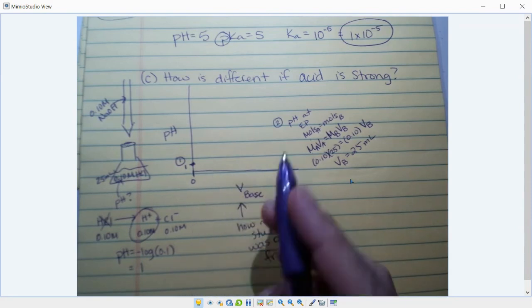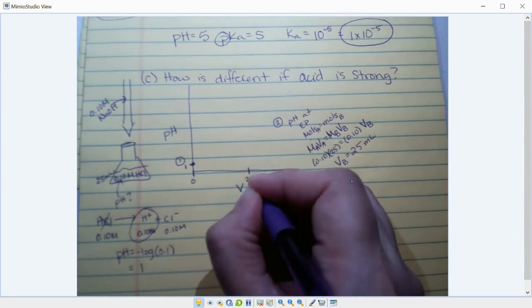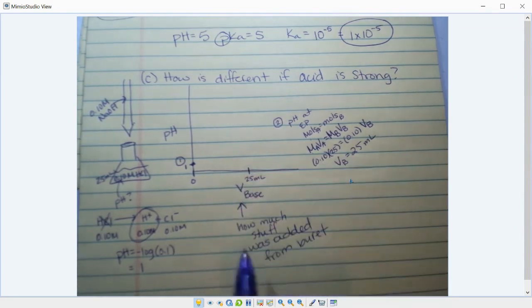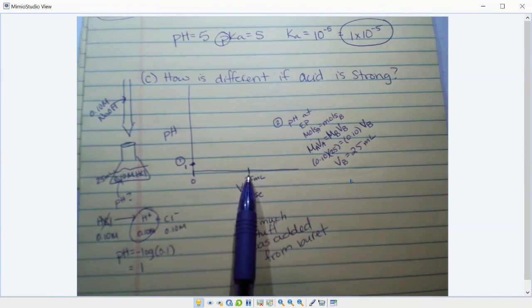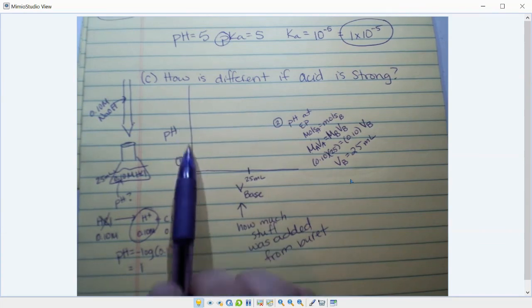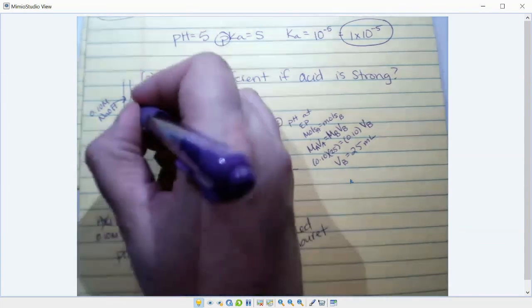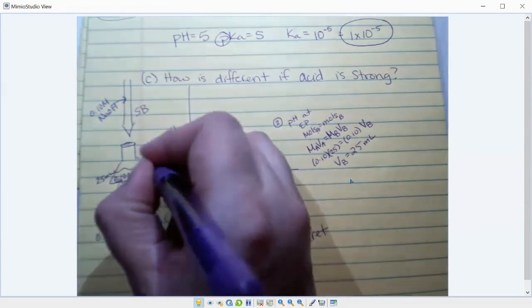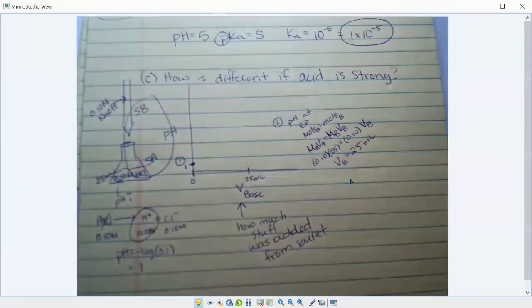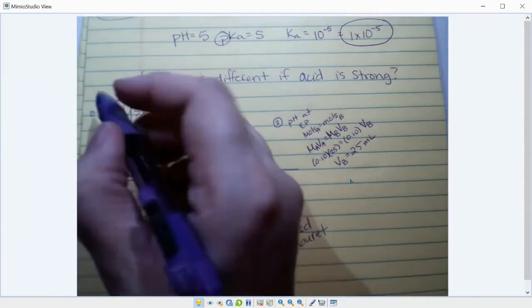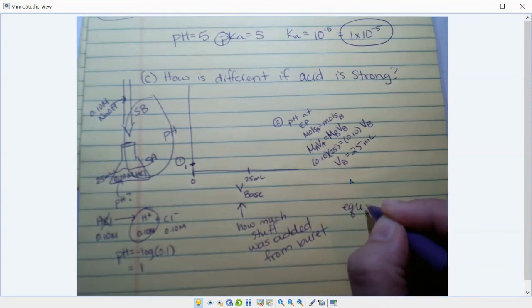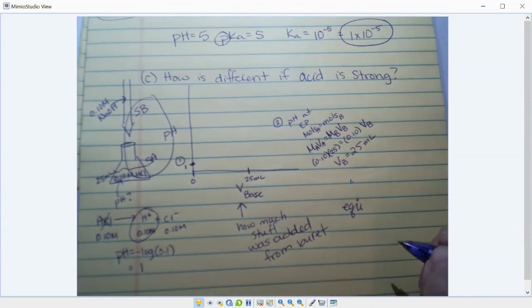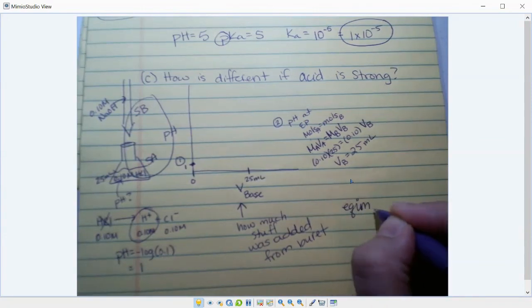So I need to drop a point at 25 milliliters. That's where it's going to be on my x-axis. But then what about on my y-axis? How do I know how far up it is? What do I label this? Well, if this is a strong base and this is a strong acid, as long as they are equimolar, let me write that down in case you can't hear me.